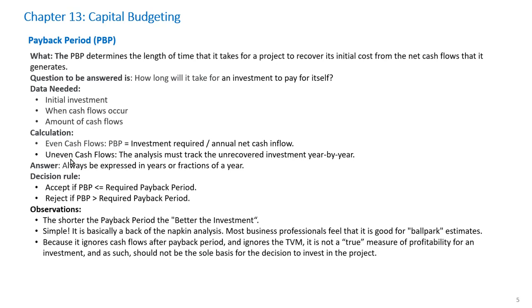For even cash flows, the formula is payback period equals investment required divided by annual cash inflow. For uneven cash flows, the analysis must track the unrecovered investment year by year. The result will always be expressed in years or fractions of a year.